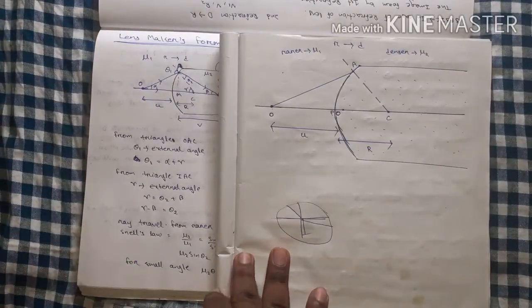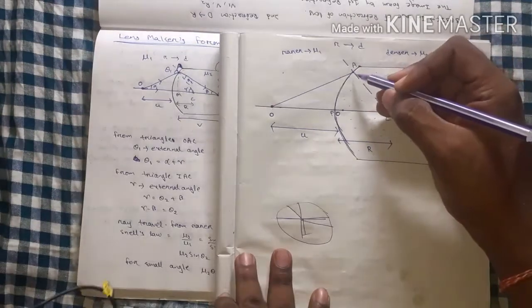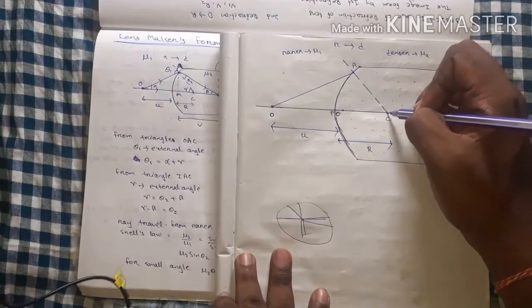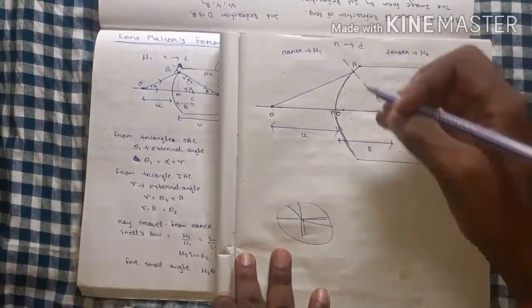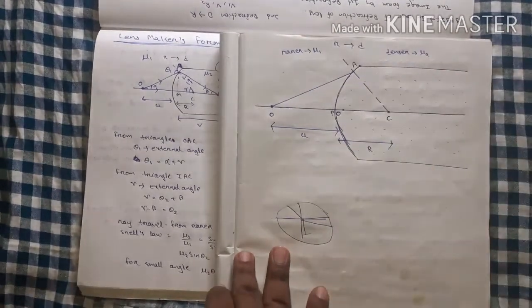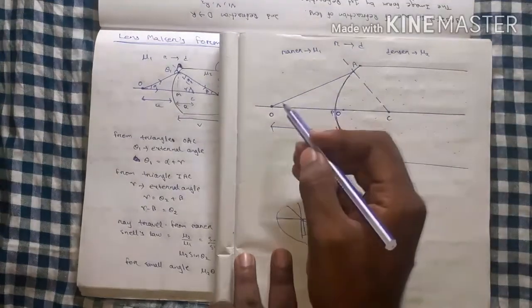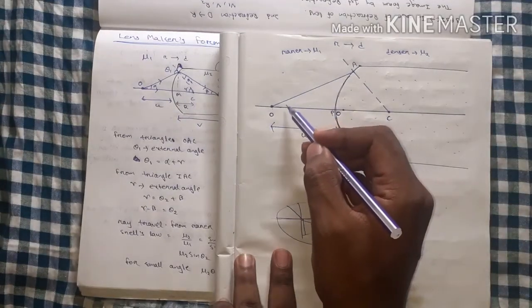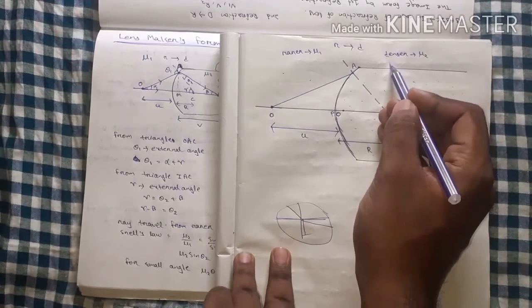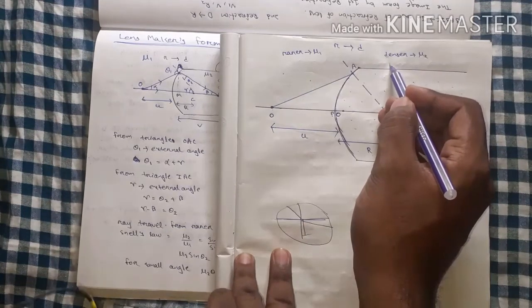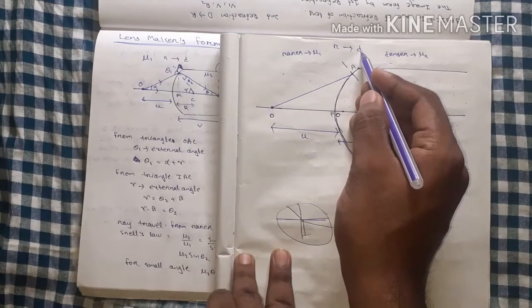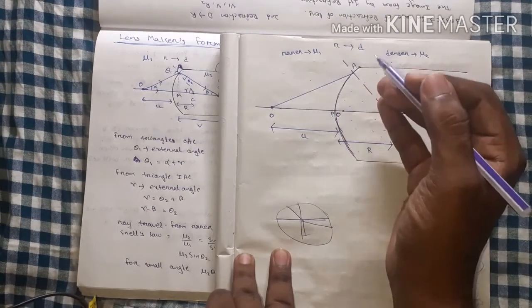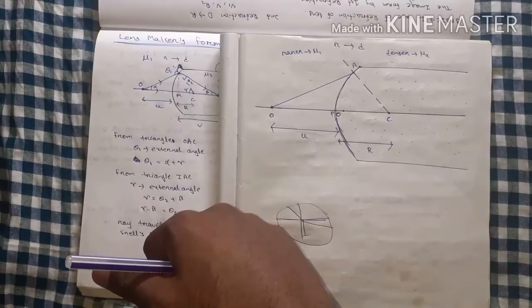Then draw the normal from the center of curvature. C is the center of curvature for this surface. Draw the normal. Listen, light travels from rarer to denser. What will happen when light travels from rarer to denser? The light moves toward the normal. We studied it before.